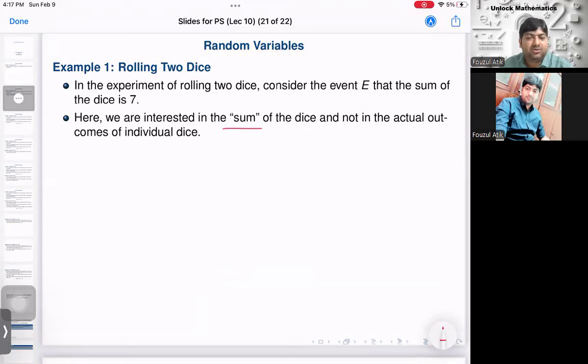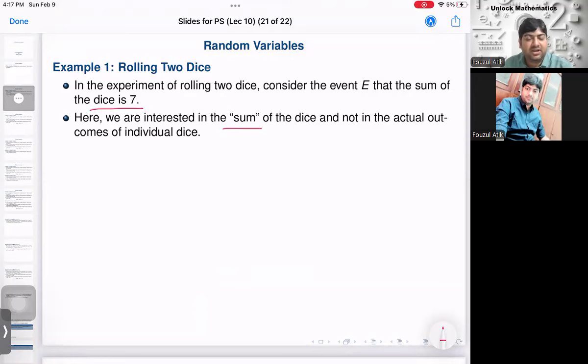See, the actual outcomes of this experiment are what? It is (1,1), (1,2), (3,1), (3,2), all those 36 outcomes, right? We are not directly interested in that. We are interested in the sum of the two dice. Correct? So we are thinking about a new variable, the sum. And in this question, it is the sum of the dice is 7. But why only 7?